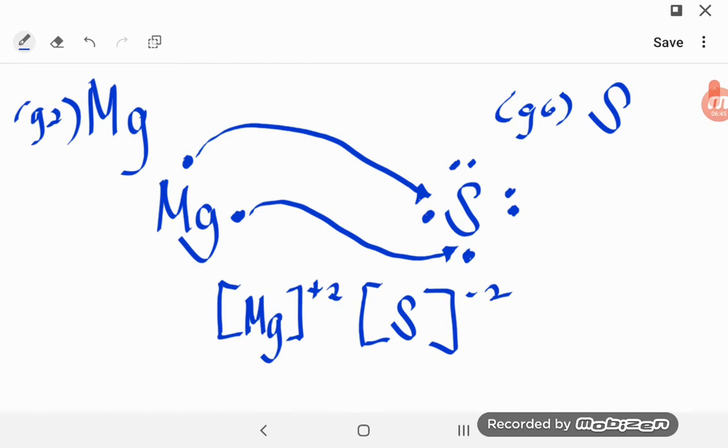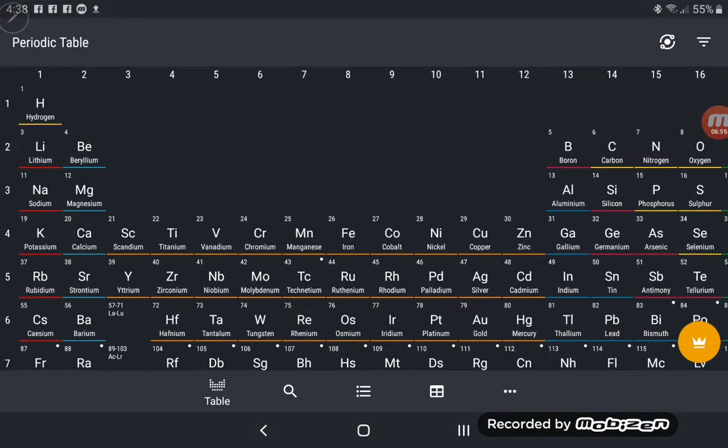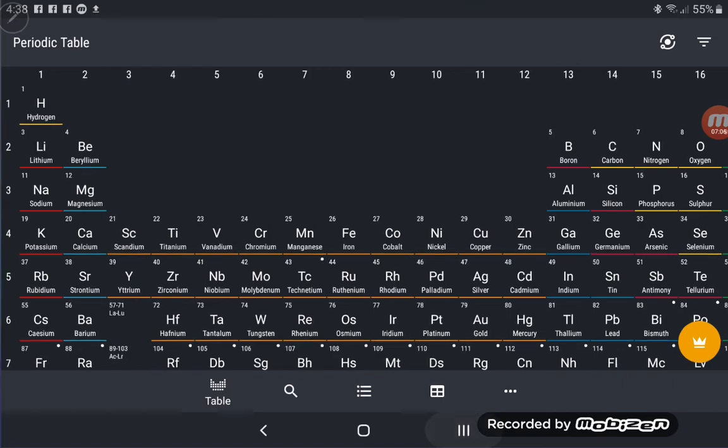Let's have another example. Now let's try calcium and oxygen. Calcium is group 2, while oxygen is group 6.